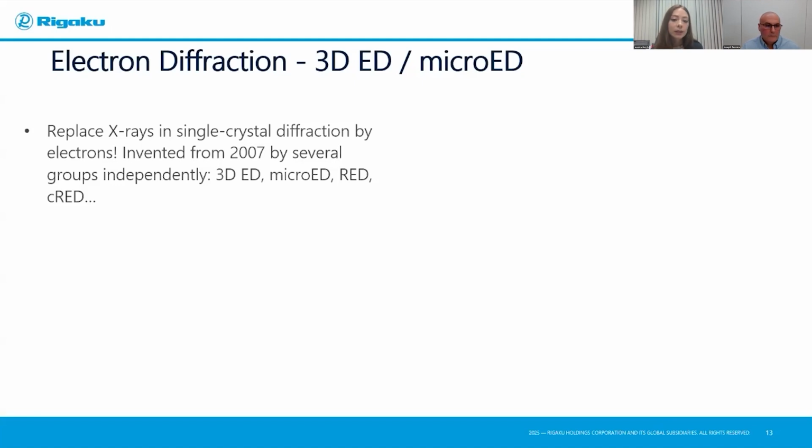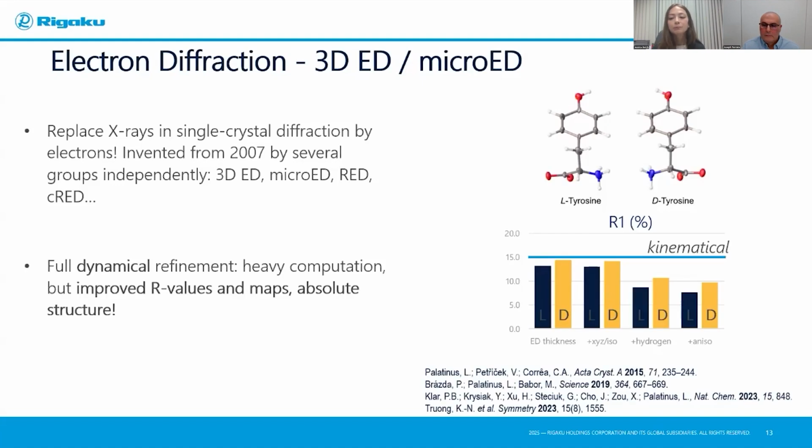So one example is three-dimensional electron diffraction, or 3D-ED, as well as microcrystal electron diffraction, micro-ED, although there are additional names out there for this technique. These are the two most common ones, I would say, so that's generally how we will refer to this technique.